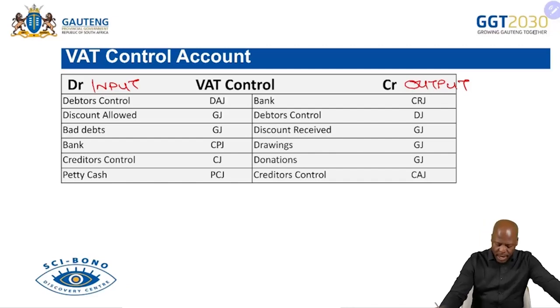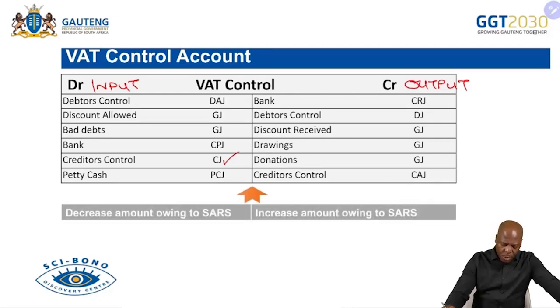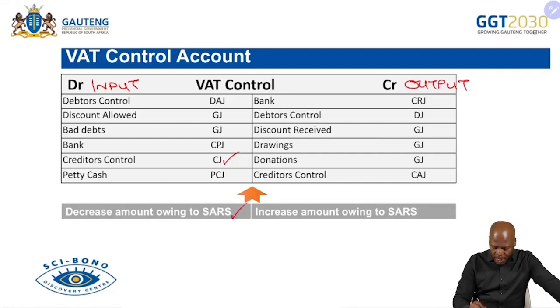All right. Now, as you can see here, I want us to understand, dear learners, that my VAT control account, on the debit side, it decreases the amount owing to SARS. But on the credit side, it increases the amount owing to SARS.